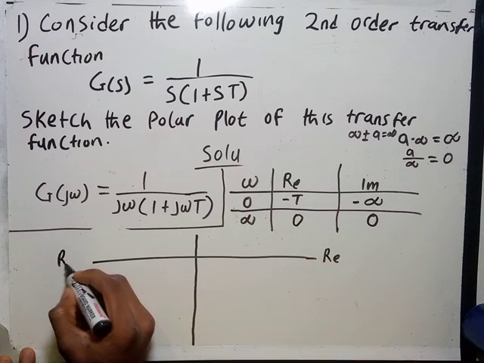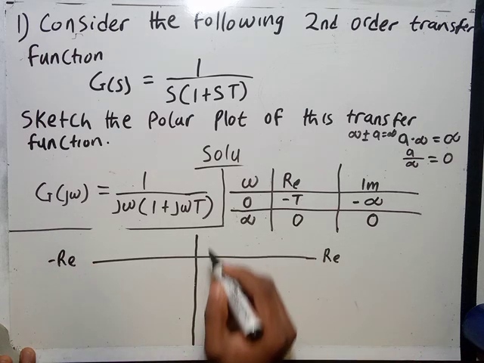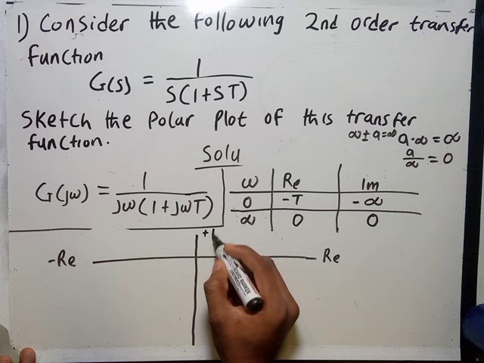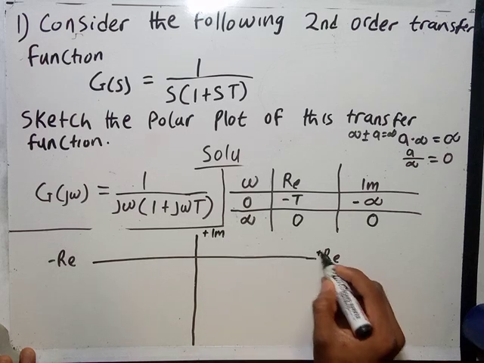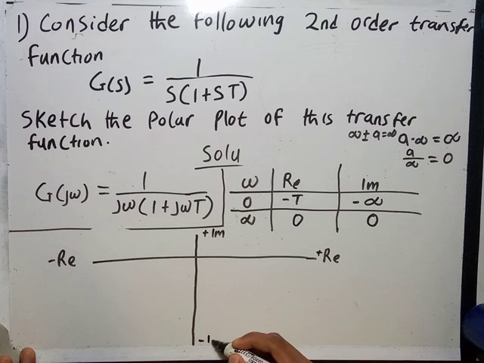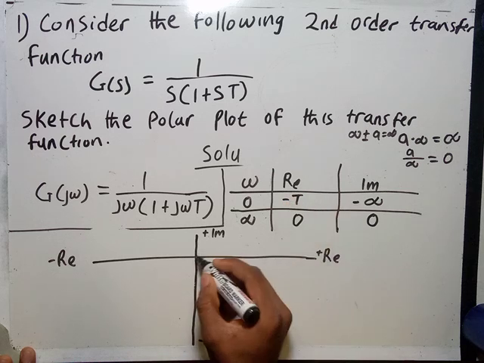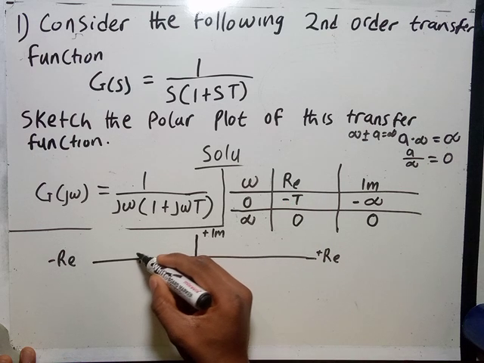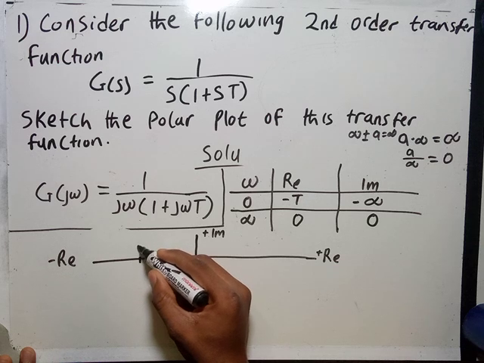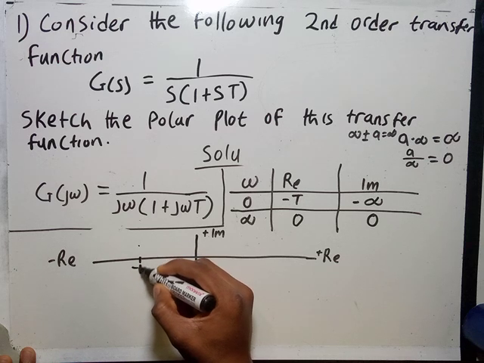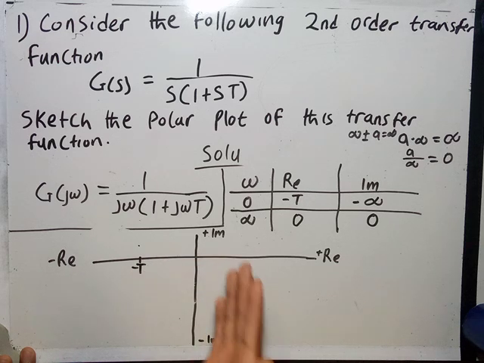Here is for your negative real numbers. Here is for your positive imaginary numbers. Here is for your negative imaginary numbers. Now when the real number is minus t, let's call here minus t, because it's definitely going to be at the negative part.